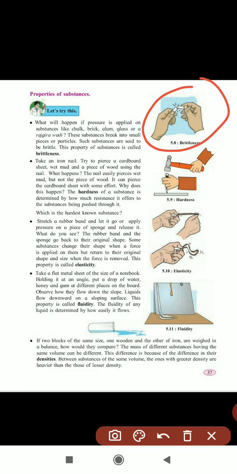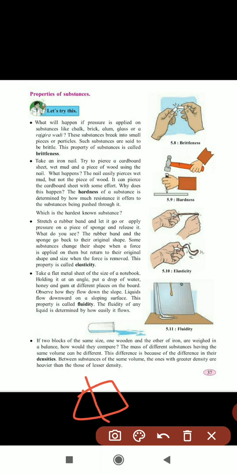If you take chalk and apply pressure to it, it can easily break, and you can easily see small particles of chalk. Bricks also, glass also, if they fall down, they can easily break.